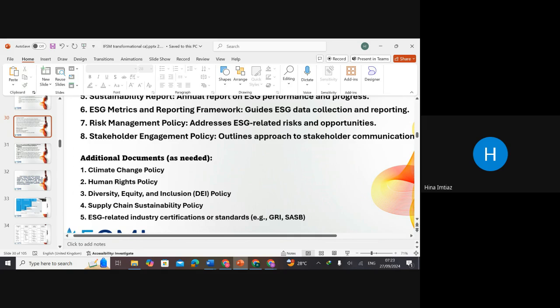You must prepare a climate change policy document and a human rights policy document, and you have to highlight diversity, the diversity of culture, the diversity of problems, and then equity and inclusion. Then we have the supply chain sustainability policy and the ESG-related industry certifications and standards.